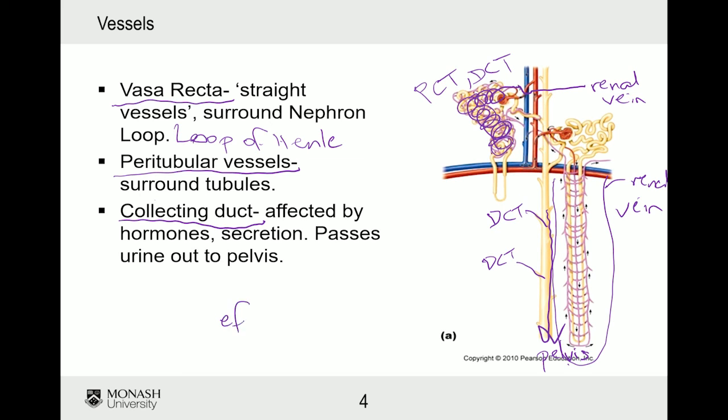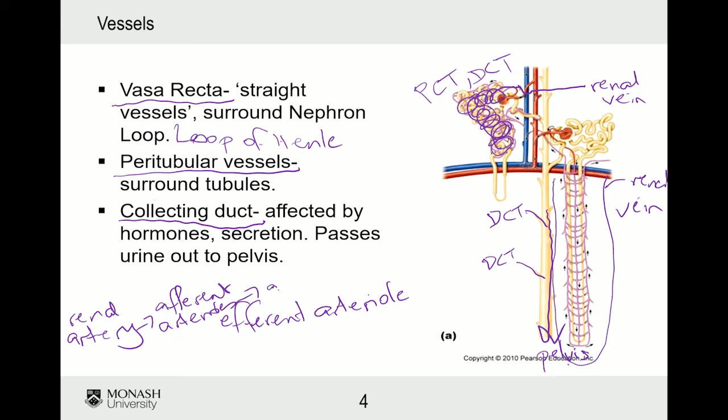So let's draw that here. So to summarise, we have the afferent, or the renal artery, rather. The afferent arterioles. This is too small, but you can see.